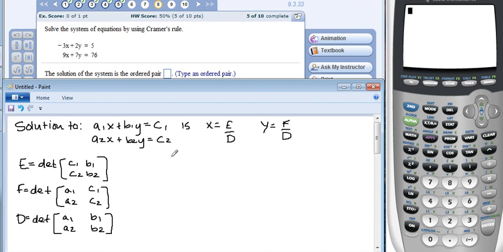Let's set them up. C1, C2 on mine, equation 1 and equation 2, would be 5 and 76. B1, B2 are these numbers right here. Those go with the y, so that's 2 and 7.